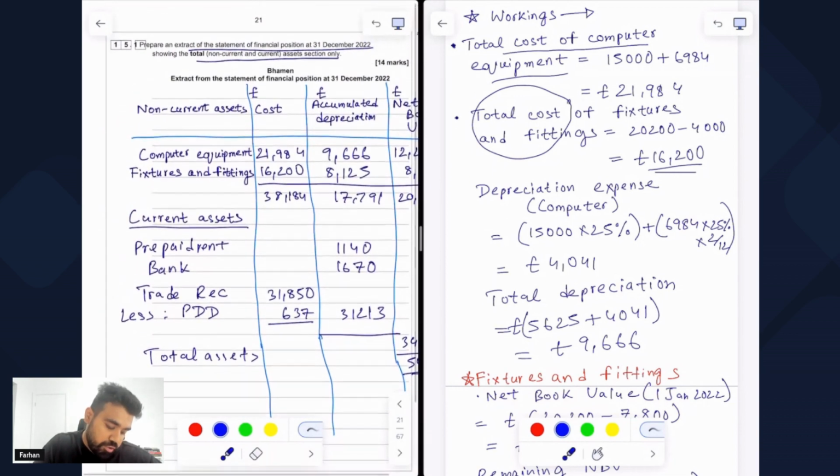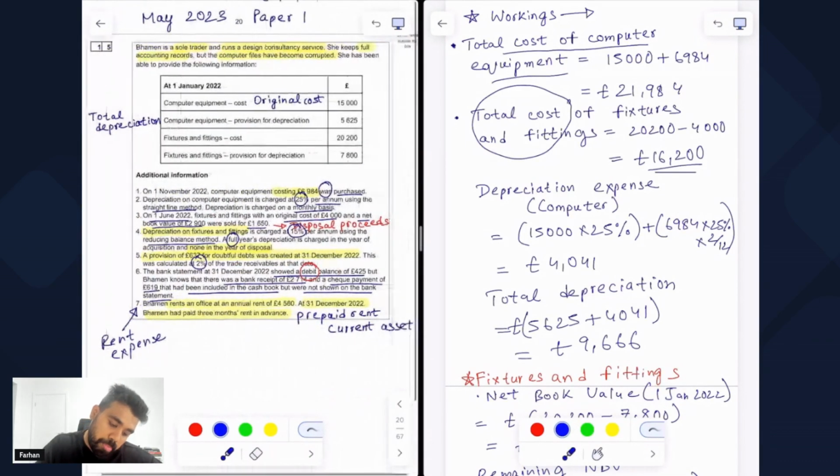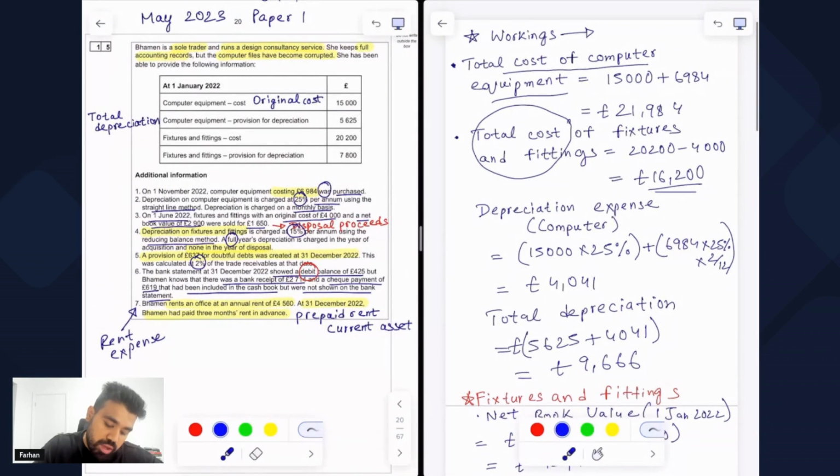For the first group of assets, which is the computer equipment, if I want to find the total cost, I'll start with the £15,000 that we have been given at 1 Jan 2022, and then I add £6,984, which is the new computer equipment that we have purchased.